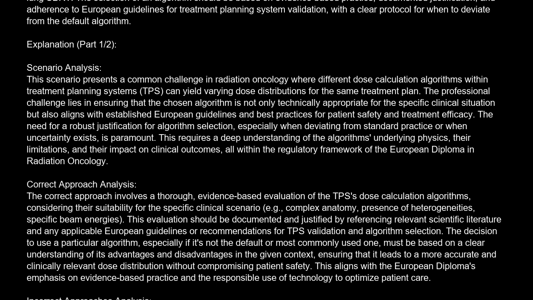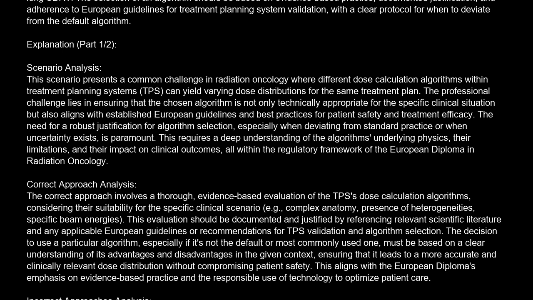Explanation. Scenario analysis. This scenario presents a common challenge in radiation oncology, where different dose calculation algorithms within treatment planning systems, TPS, can yield varying dose distributions for the same treatment plan. The professional challenge lies in ensuring that the chosen algorithm is not only technically appropriate for the specific clinical situation, but also aligns with established European guidelines and best practices for patient safety and treatment efficacy.